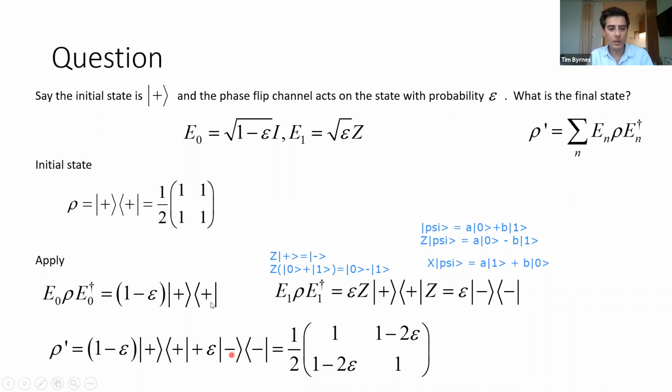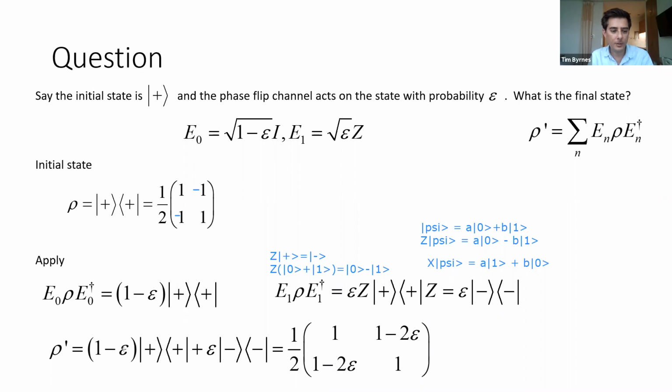The density matrix for the minus state is like here, except that on the off-diagonal elements, it's got a minus. If you combine those 2, then on the diagonals, it's the same.